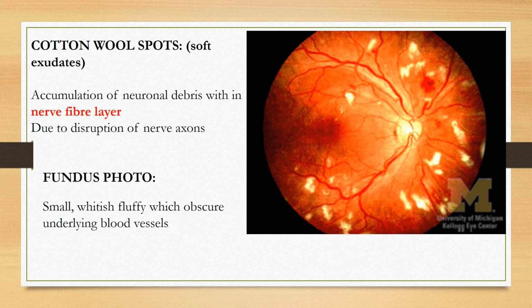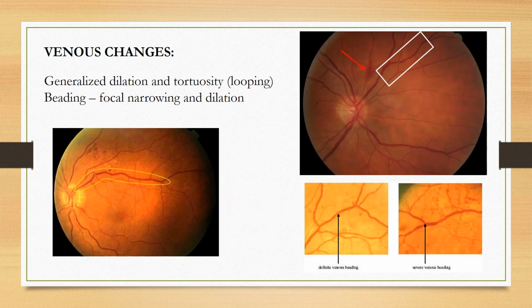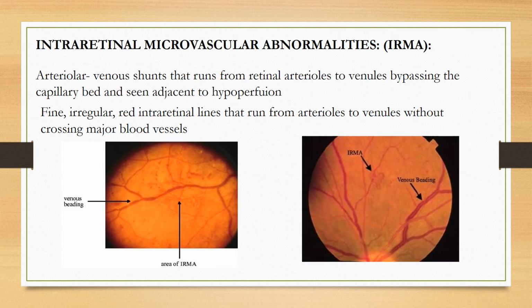Then this is a cotton wool spot, which is a kind of swelling of blood vessels, and this is an OCT of the same. Then venous beading, not bleeding, beading, which is swelling and tortuosity of a blood vessel. Then intraretinal microvascular abnormality, which we call IRMA, which is extra venous growth connecting arterioles and venules.